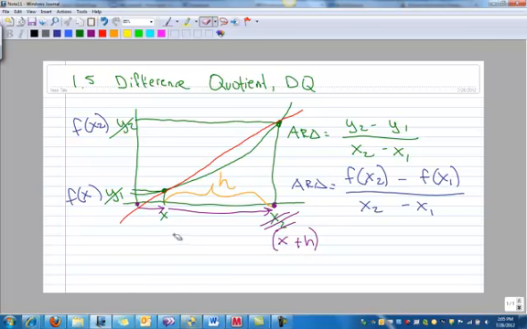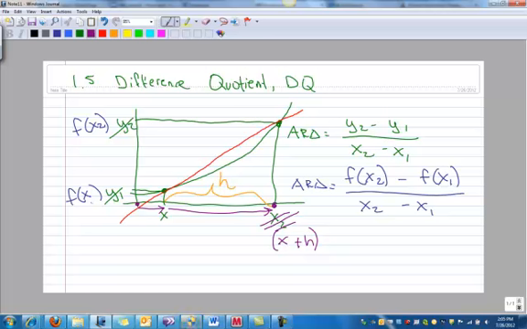Okay. So x is the first point. h is the distance between the first and the second point. And now the second point I'm calling x plus h. So let's look at our y values over here. Well, if I put in x, out comes y, but we're not calling it y, we're calling it f of x.